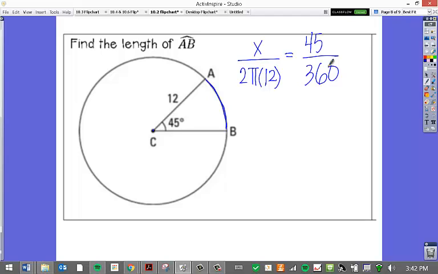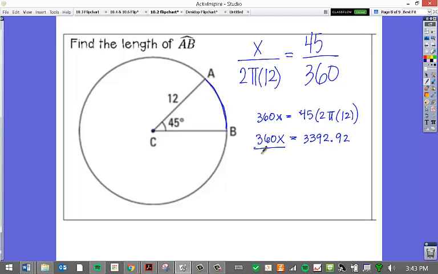I am going to cross multiply. So 360 times x is equal to 45 times 2 pi times 12. And 45 times 2 pi times 12 is 3,392.92.